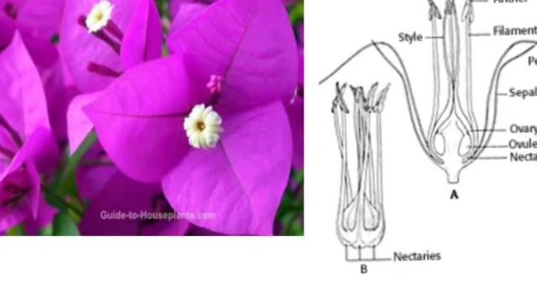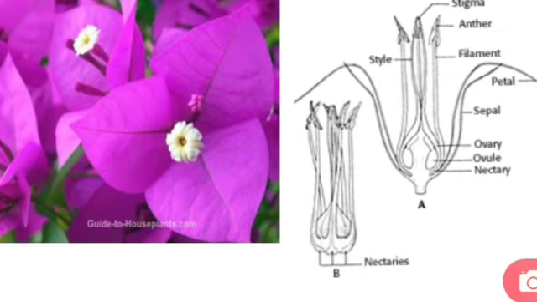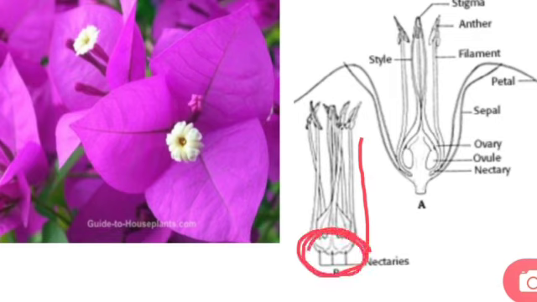Then coming to the next part, that is nectaries. Nectaries has been derived from the word nectar. So the nectar-producing cells are known as nectaries. Where are these nectaries present? You can see the stamen present. Just below the stamen, these cells are present that produce nectar.